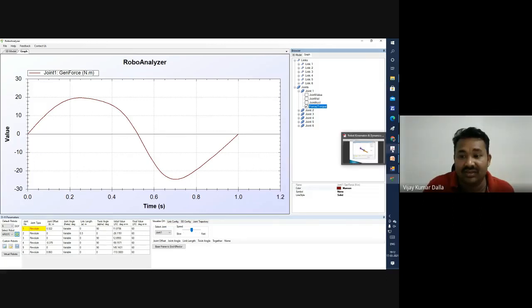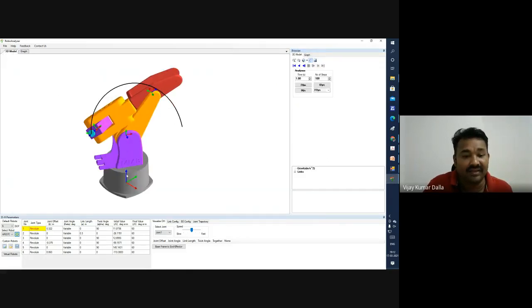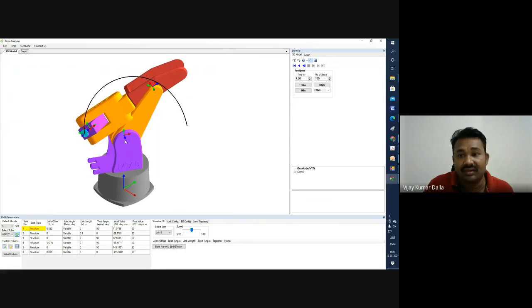Okay, so coming back to the software, yeah, 3D model, sorry. Okay, so in this way, we can visualize the motions of any kind of robots. Also, it is not necessarily only the default robots; we can also visualize our own made robots.